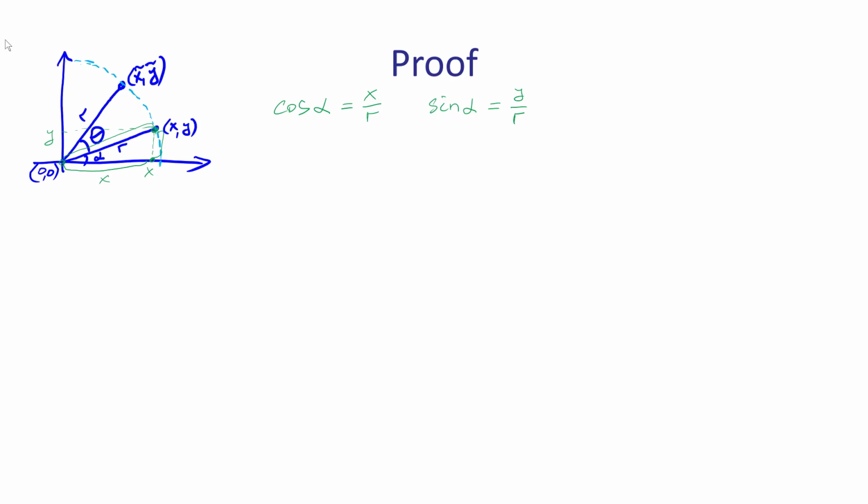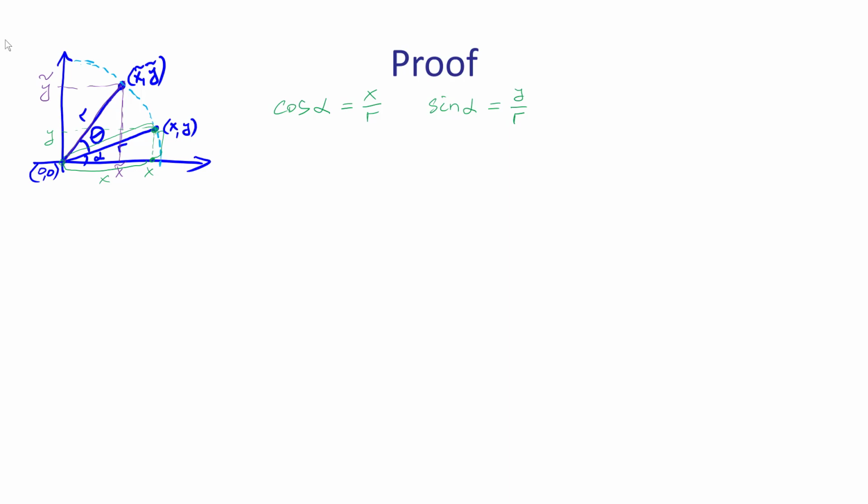What else do we know? We can draw this coordinate here, it will be x tilde, and this coordinate here will be y tilde. Now, what do we know from that bigger triangle?